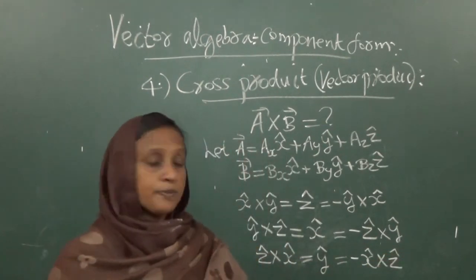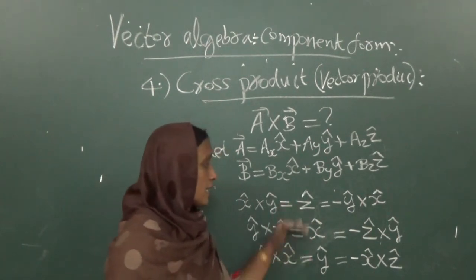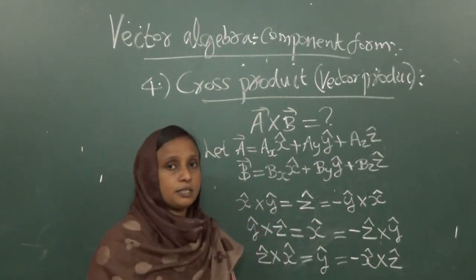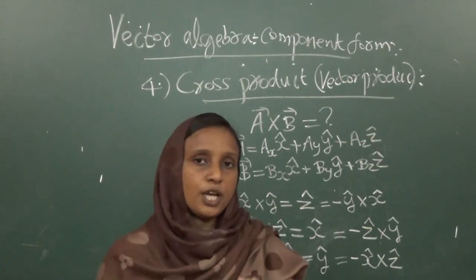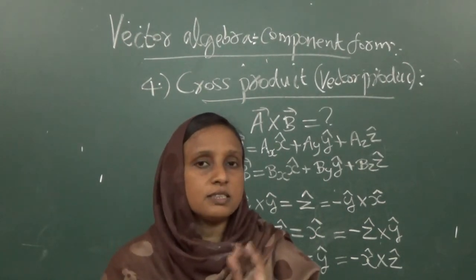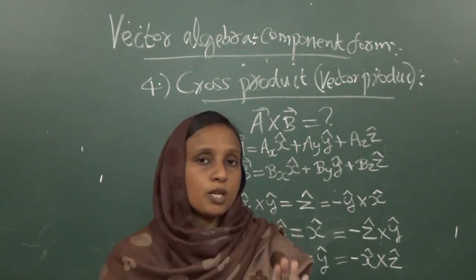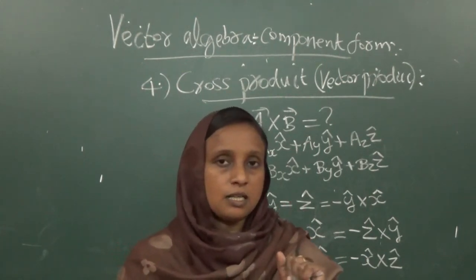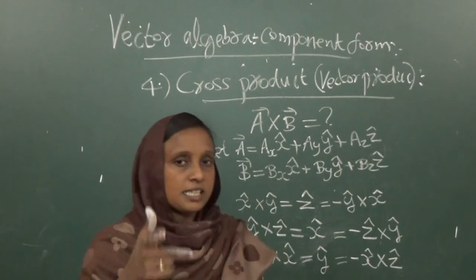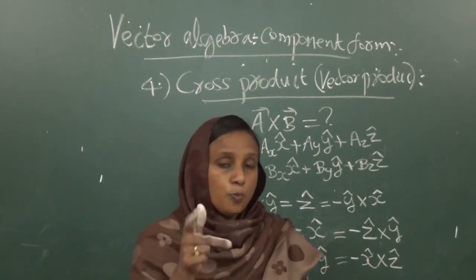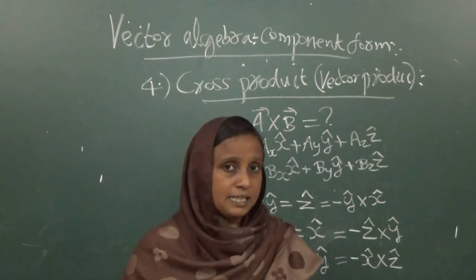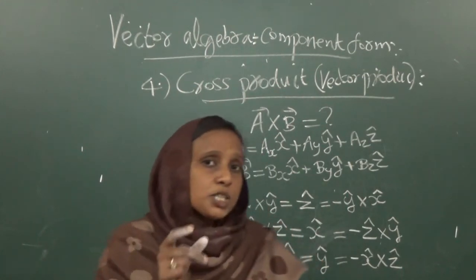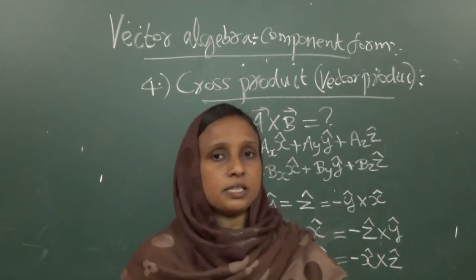Okay, these are the rules connected with the unit vectors, because already we found that A cross B equal to AB sin theta. Similarly, we know that x cap, y cap and z cap are mutually perpendicular vectors. So the angle between them is 90 degrees. But we have assumed a right-handed coordinate system.